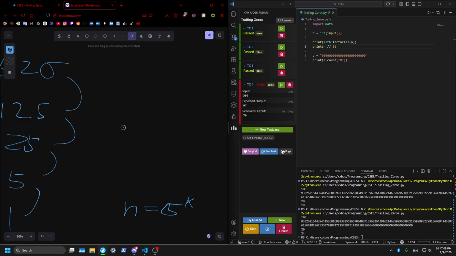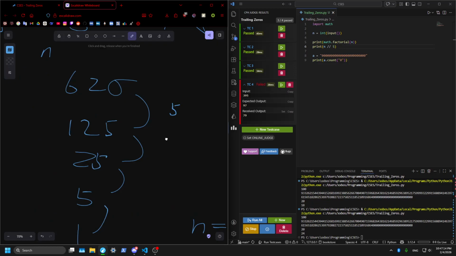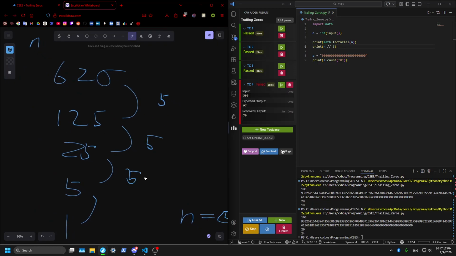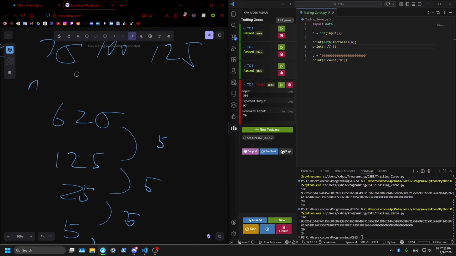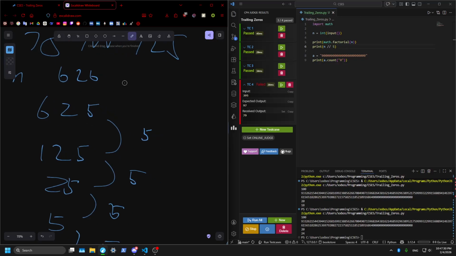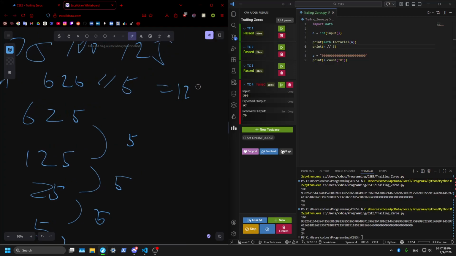Well, this is basically dividing by 5 each time. So if we had 626 divided by 5, 626 double divided by 5 is still equal to 125.